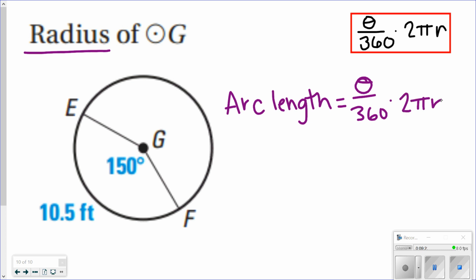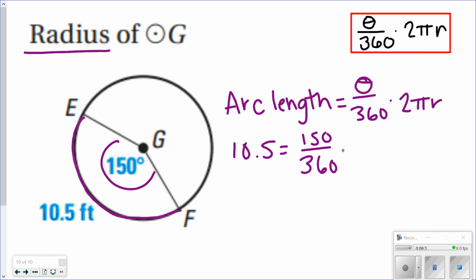What is my arc length? Well, it's right here, and we know that that is 10.5, is equal to theta. What's my theta? 150 over 360 times 2 times pi times r. And r is what we're searching for.